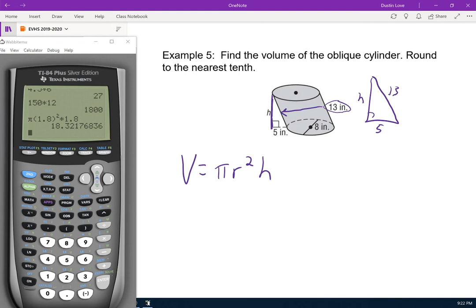So I can go through and do Pythagorean theorem to find h. h squared plus 5 squared equals 13 squared. So h squared plus 25 is equal to 169. Subtract 25, h squared equals 144. Then take the square root, h equals 12.